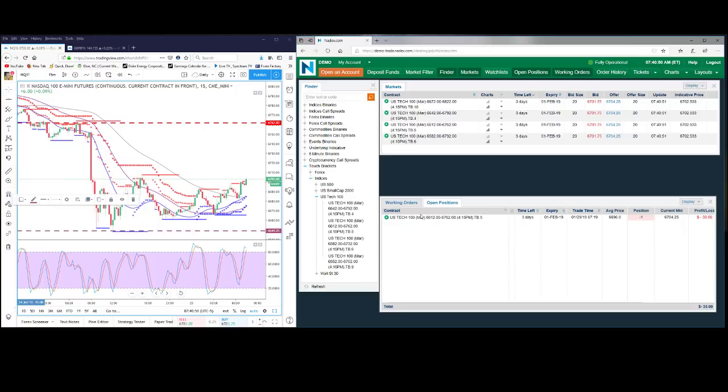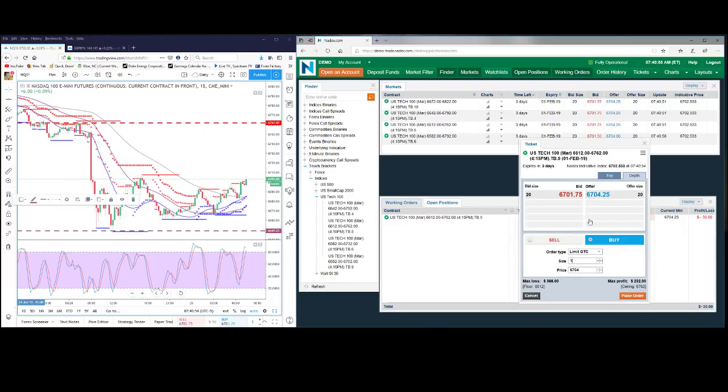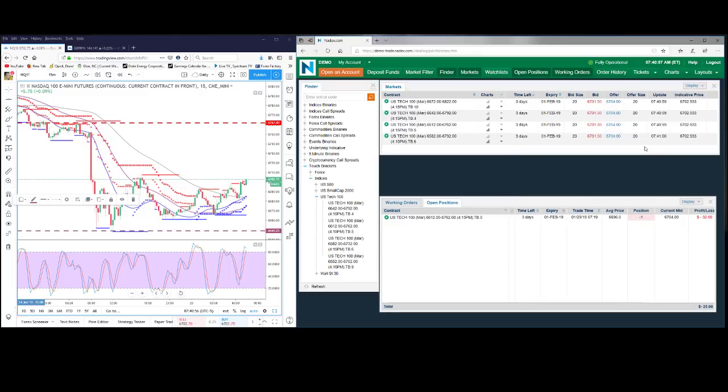If you wanted to close this touch bracket, again, just click and then set your price. I like to use previous price points. Okay.